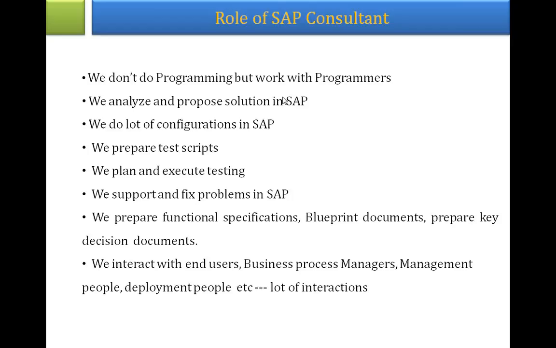If any particular solution cannot be mapped into SAP, we contact our ABAPer and make sure he develops according to the business requirement. We need to guide him on how that particular process needs to be developed. So we work with our programmers.